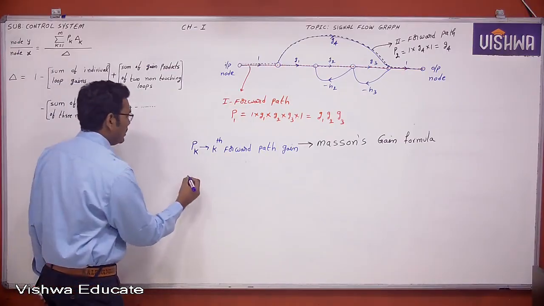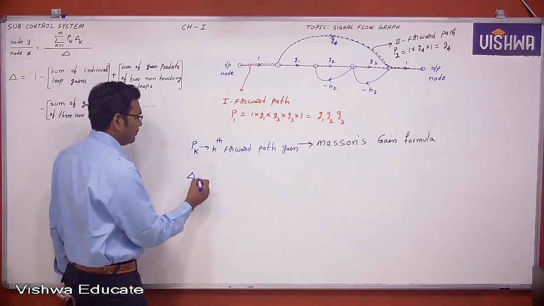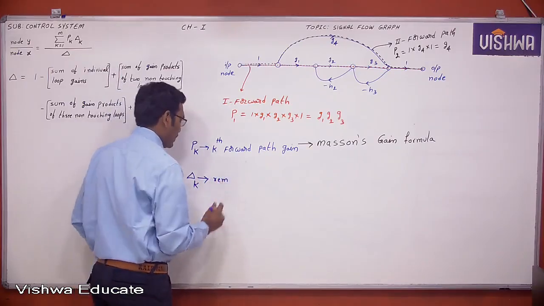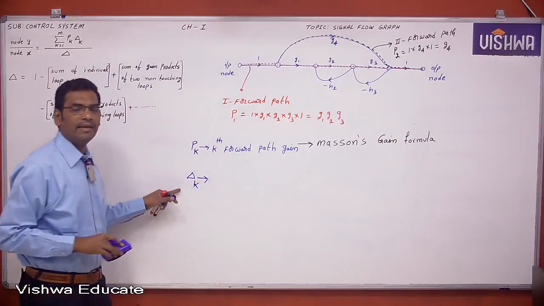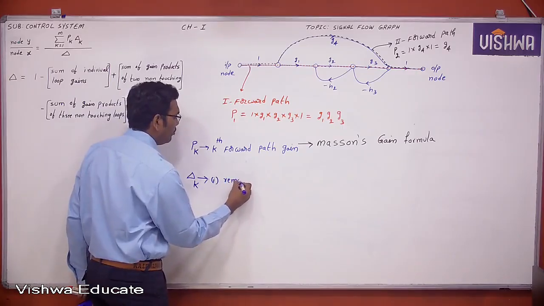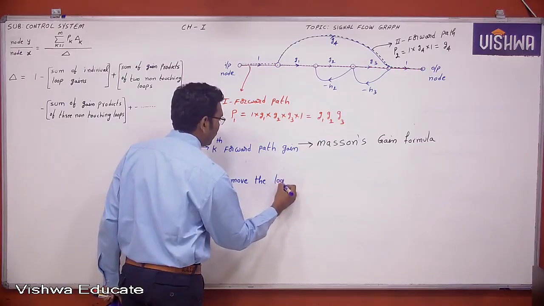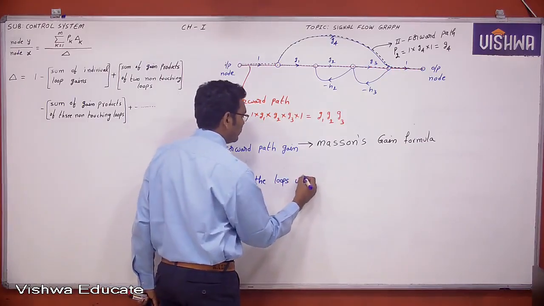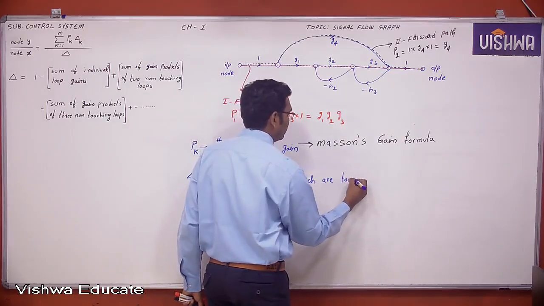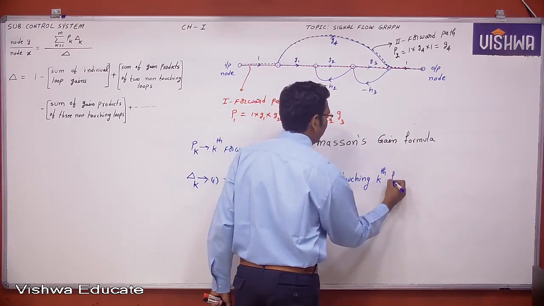And the next one is delta suffix k. What is delta suffix k? While identifying delta suffix k, there are two steps. First step: remove all the loops which are touching the kth forward path.